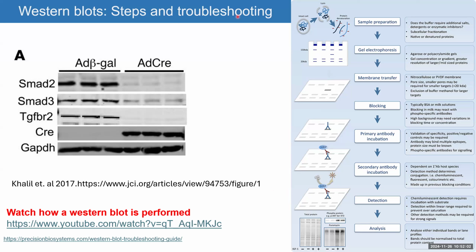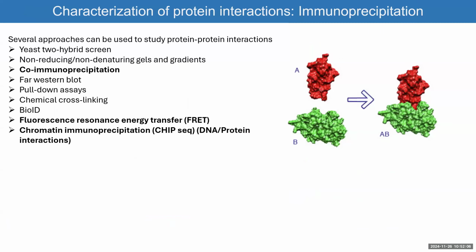So that's it for the Western blot. Now, Western blotting can tell us if there's a protein A or a protein B if we direct an antibody toward it. If I want to detect whether two proteins bind to each other, I can do it by a process called immunoprecipitation. The idea is very simple.